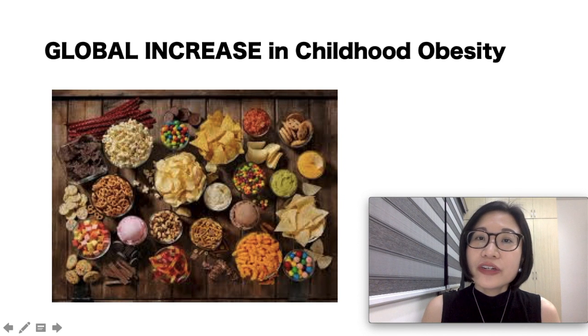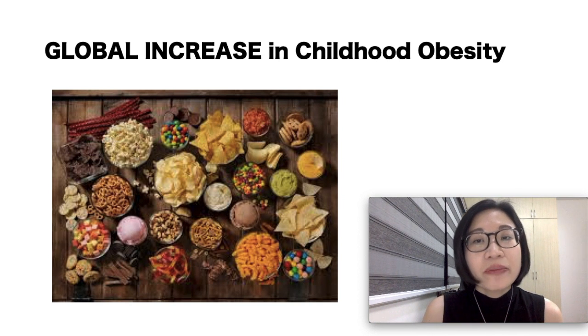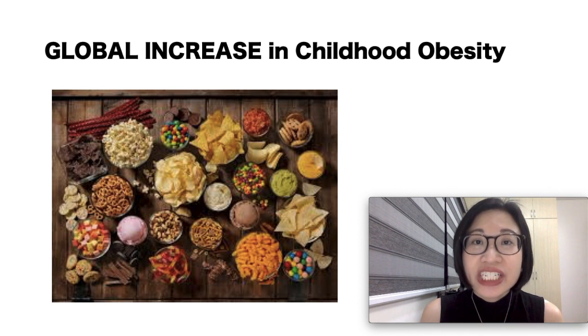So, the global increase in childhood obesity can be attributed to two factors. One is the shift in our diet to more energy dense foods that are high in fat and high in sugar, but low in vitamins, minerals, and micronutrients.